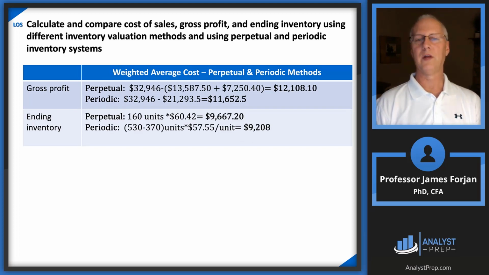Once again, there's that $32,946 in terms of sales, and so notice the gross profit is $12,108 under perpetual, $11,652 under periodic. And then the ending inventory is an easy calculation, so you just multiply. We have 160 units at the $60.42, and we have 160 units at the $57.55.